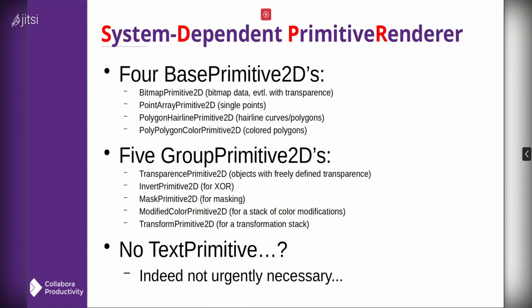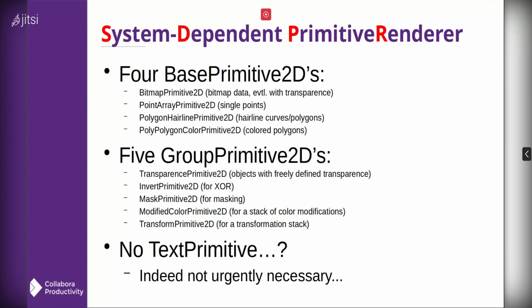So we try to get away from XOR. We still have some pieces where it's used, but it's getting less and less, and hopefully one day we'll have that removed completely. So the mask primitive is clear.